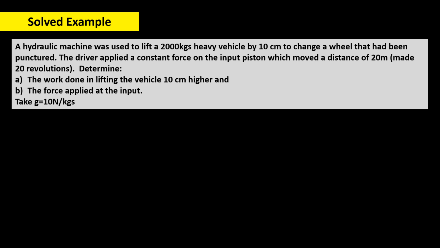So the driver applied a constant force on the input piston, which moved a distance of 20 meters. This is about 20 revolutions. Now determine the work done in lifting the vehicle 10 centimeters higher and the force applied at the input. Take acceleration due to gravity to be 10 newtons per kilogram.